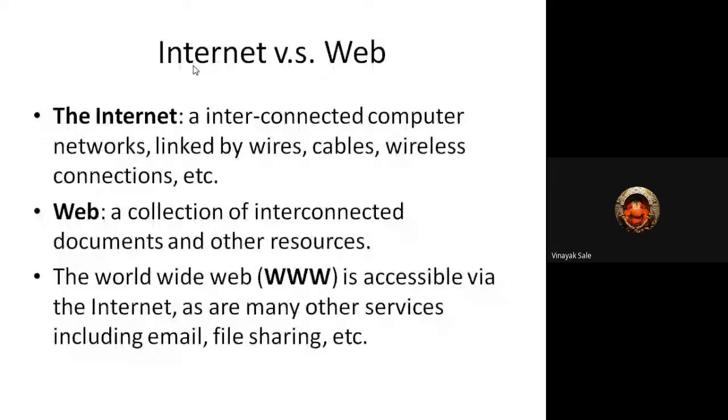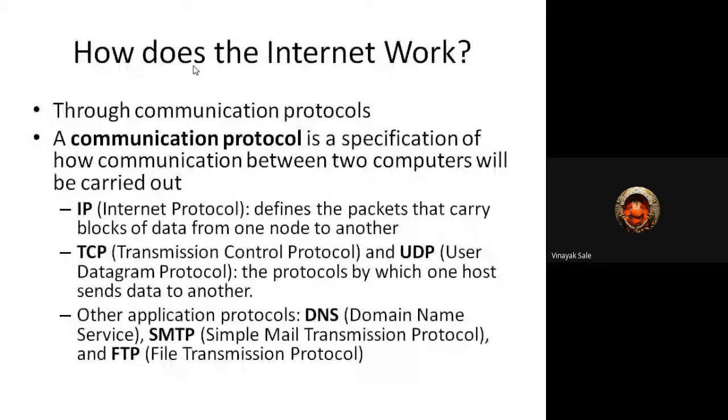Interconnected documents such as different languages connected, HTML, XML, CSS, JavaScript. That is, web is dynamic, and internet is used for communication through wire or wireless. Okay, then we have seen different protocols.